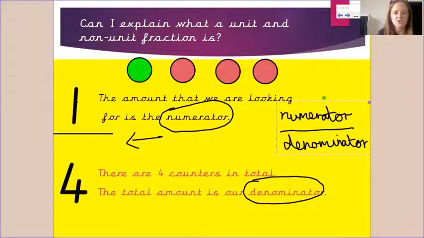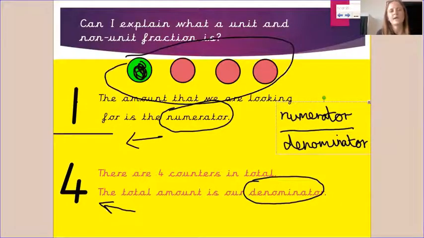The denominator shows you how many parts your whole has been divided into, and your numerator is telling you the amount we are looking for. So 1 part of 4 is that there. So if this was my whole, 1/4 of that would be that green bit there.